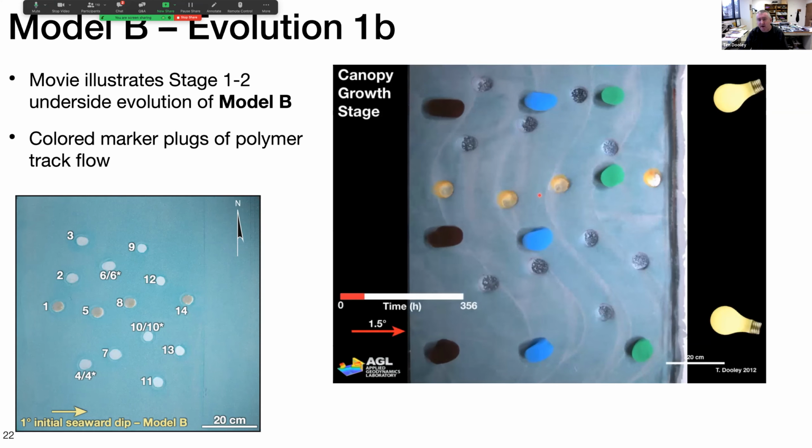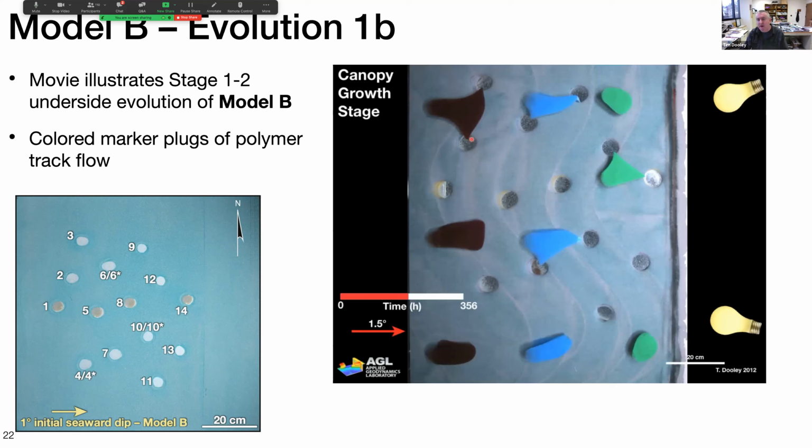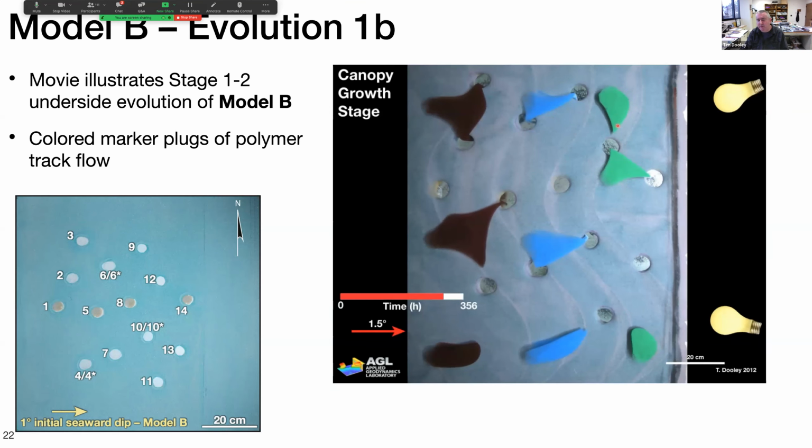And what we can see is our passive markers beginning to flow downslope, then beginning to hook and being pulled up into our feeder systems. You can see them ending up upwards here and here and here, and this one here beginning to flow inwards and upwards.